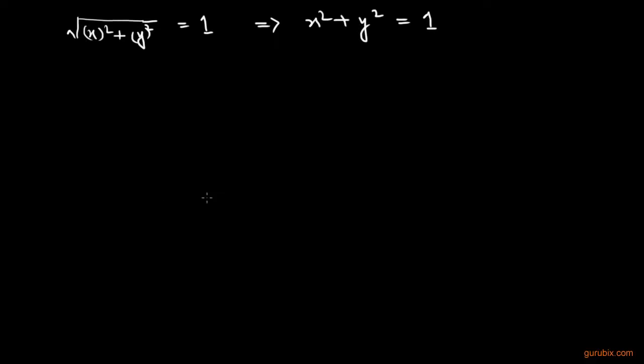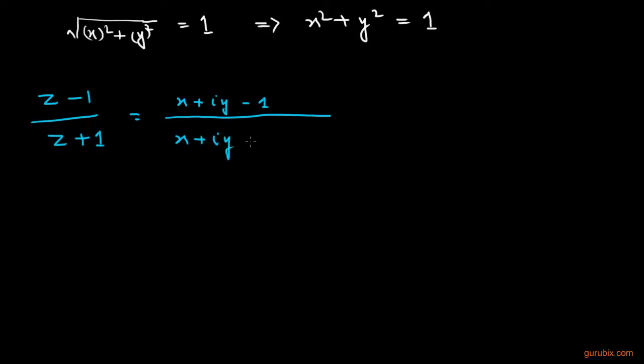And now we shall calculate (z minus 1) over (z plus 1). So z is x plus iota y, and here it is x plus iota y minus 1, over x plus iota y plus 1. If we put all real values in a bracket, then it will be (x minus 1 plus iota y) over (x plus 1 plus iota y).